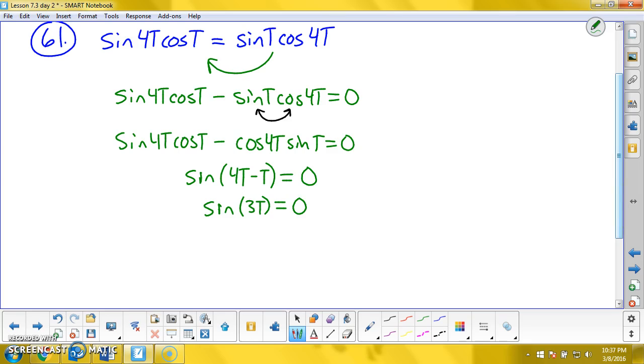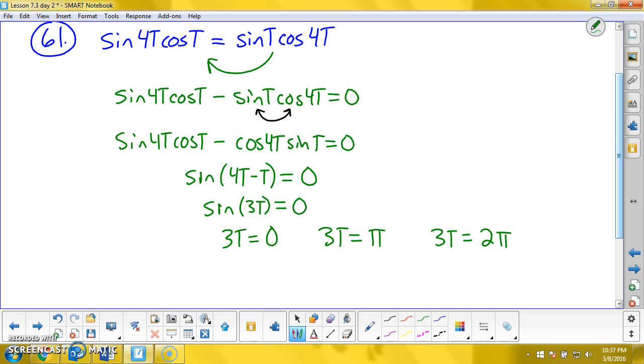This equals 0. And now it's just like the problems we were doing in lesson 7.2. Angle 3t would have to equal 0. It would also equal pi. It would also equal 2 pi, because that's where the sine is equal to 0.